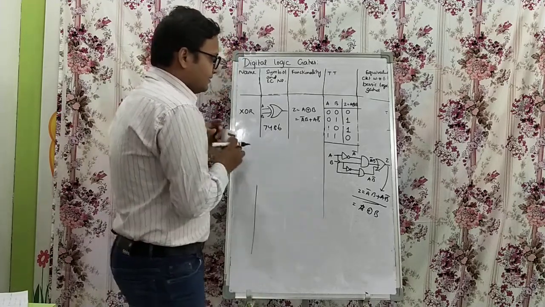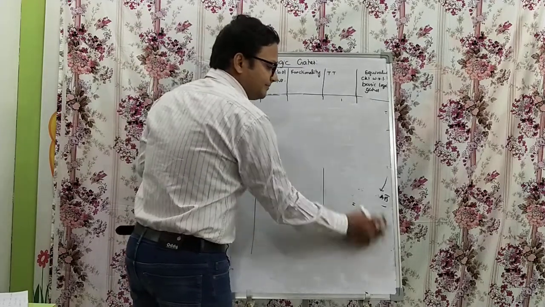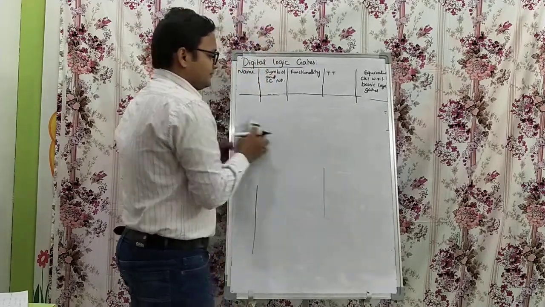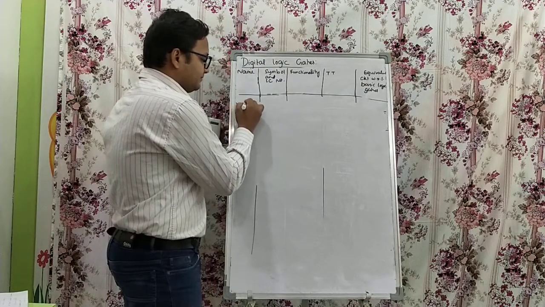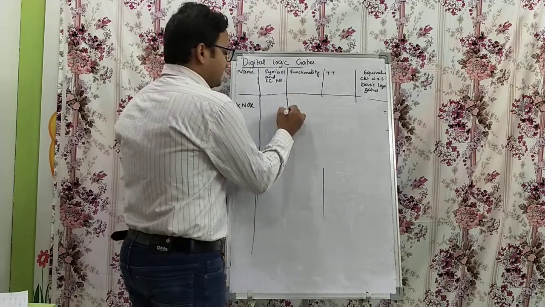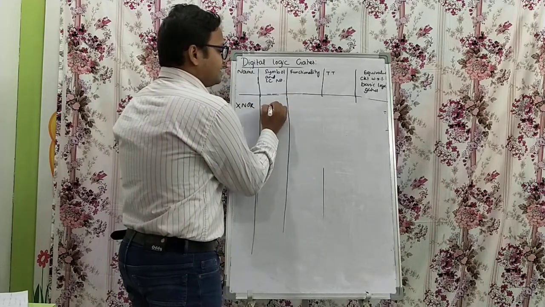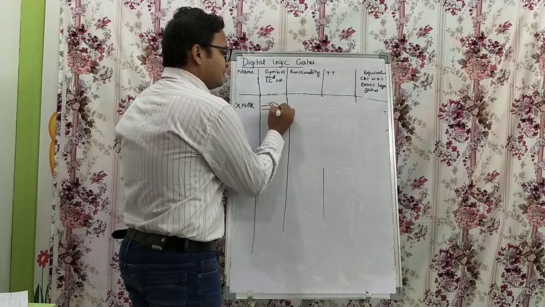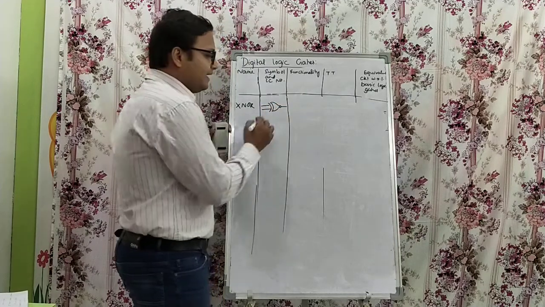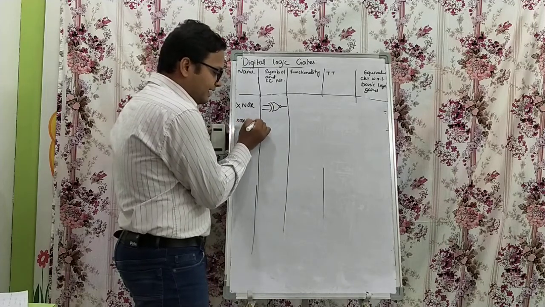So next one. This is XOR. Next one is XNOR. XNOR is called exclusive NOR gate. The symbol is just XOR with a NOT gate added across the output, so it is XOR plus a NOT gate.